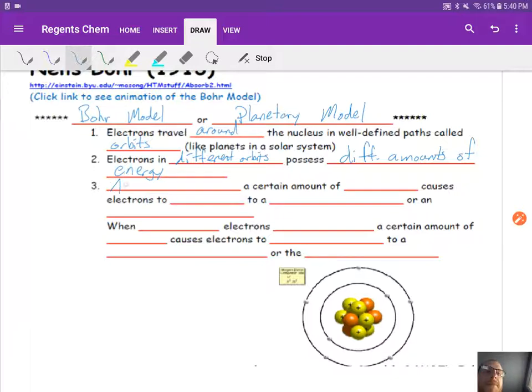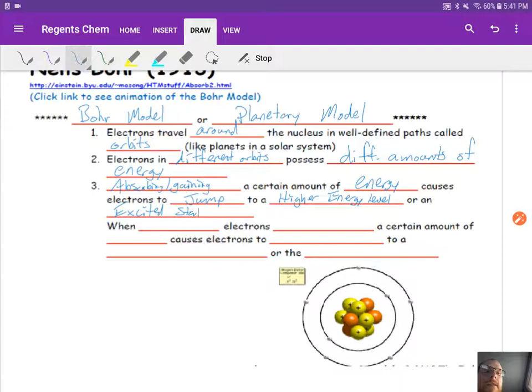Okay, absorbing or gaining a certain amount of energy causes electrons to jump to a higher energy level, or to what's called an excited state.